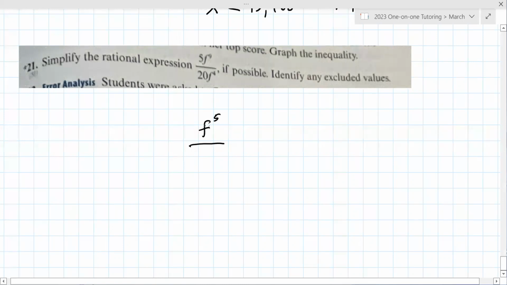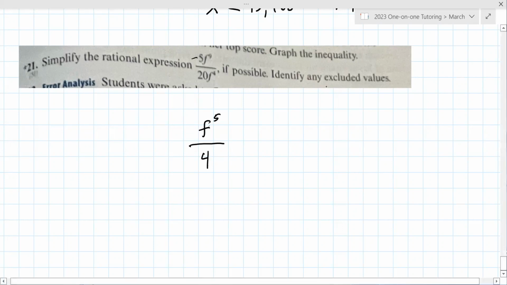And on the bottom, what number goes there? 20, or just 20? You're dividing both of them by 5, yeah. So just the 4, sorry, 4. Now there's no f because all of those f's on the bottom got consumed into the top. So f to the fifth over 4.